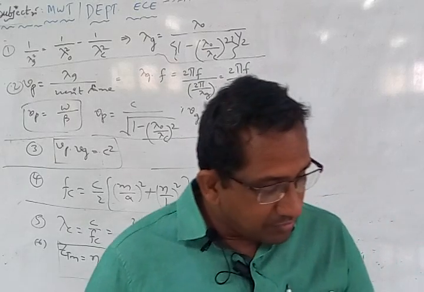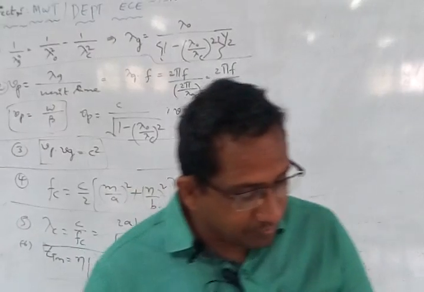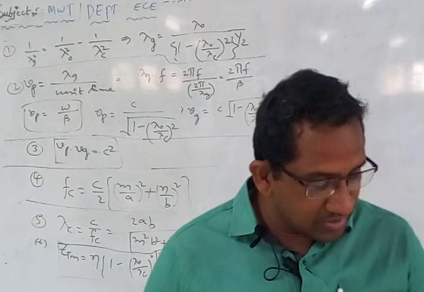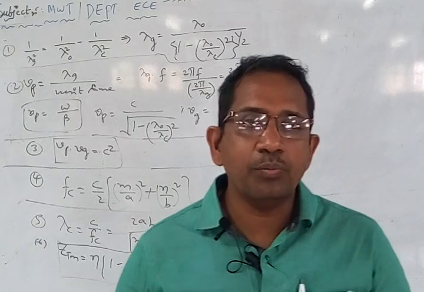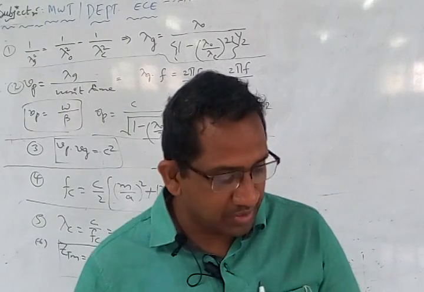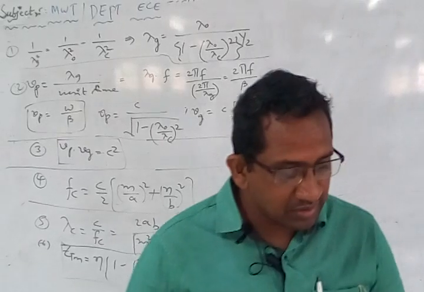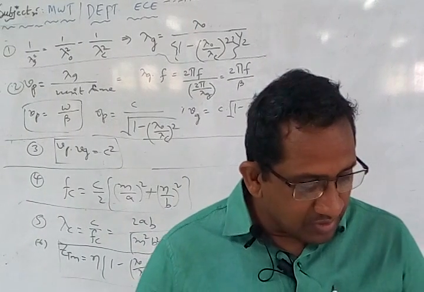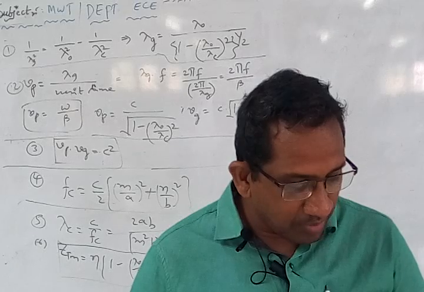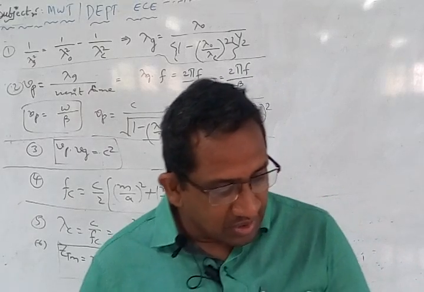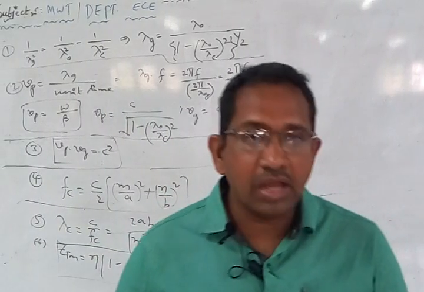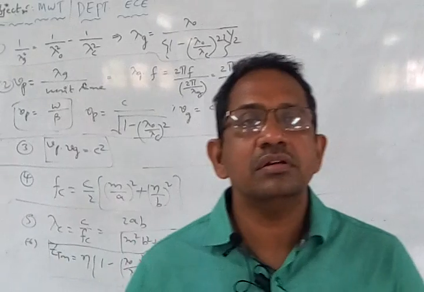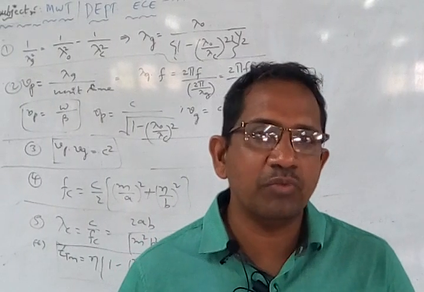For a 2.5 gigahertz signal propagated in this waveguide in the given dominant mode, calculate the guide wavelength, phase velocity and the group velocity.